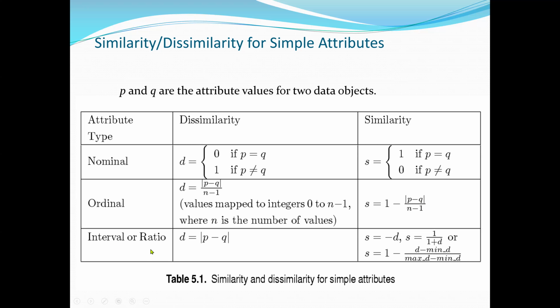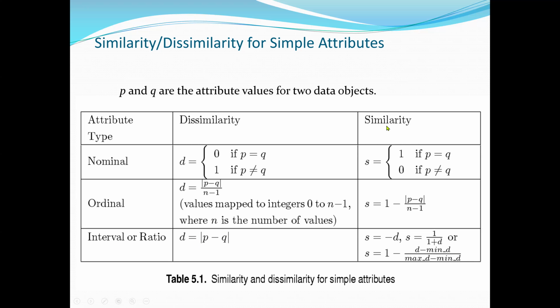Now, if it's interval or ratio, then the dissimilarity is the absolute difference of P and Q. It's the same thing: if they are similar, the answer will be 0. If they are dissimilar, we may get some values, depending.